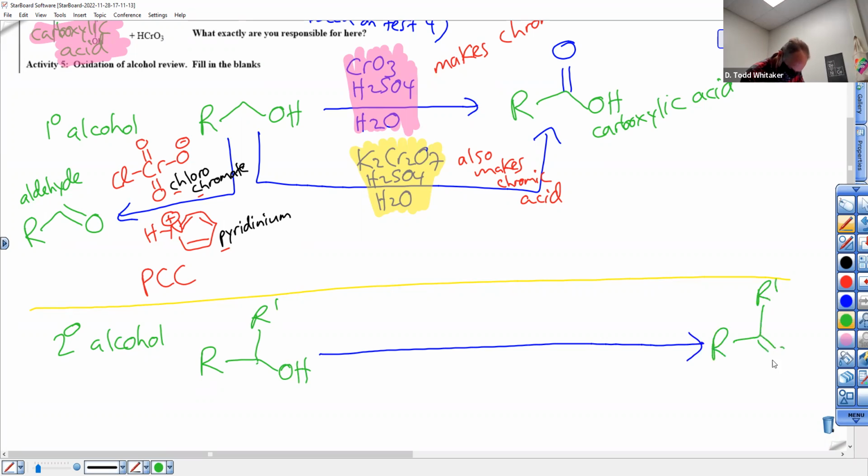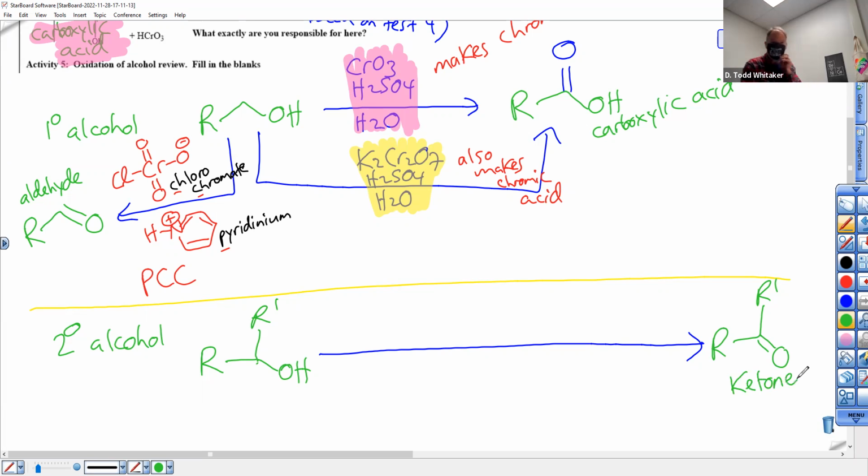You tell me what functional group we got at the end. This one right here. Carbonyl with a carbon on each side. Ketone. This is a nice way to make ketones.